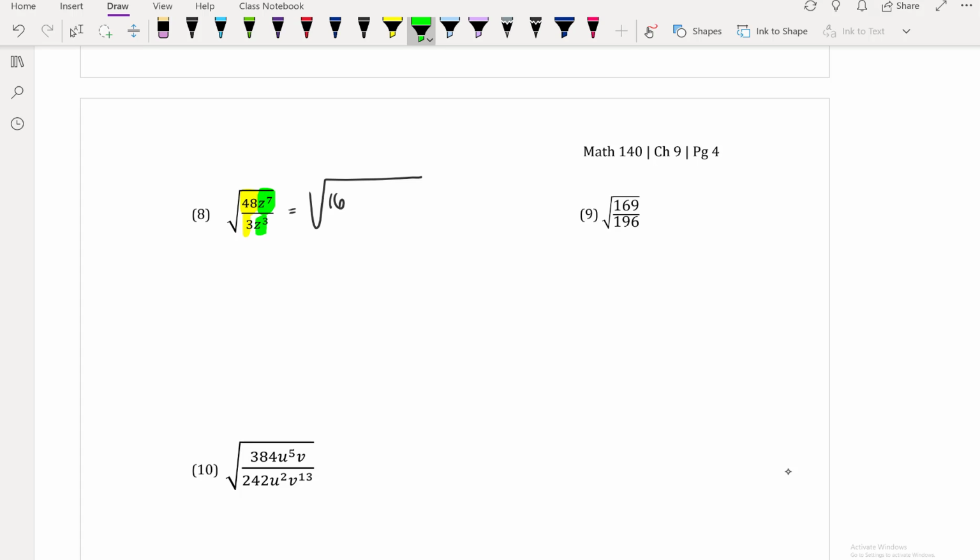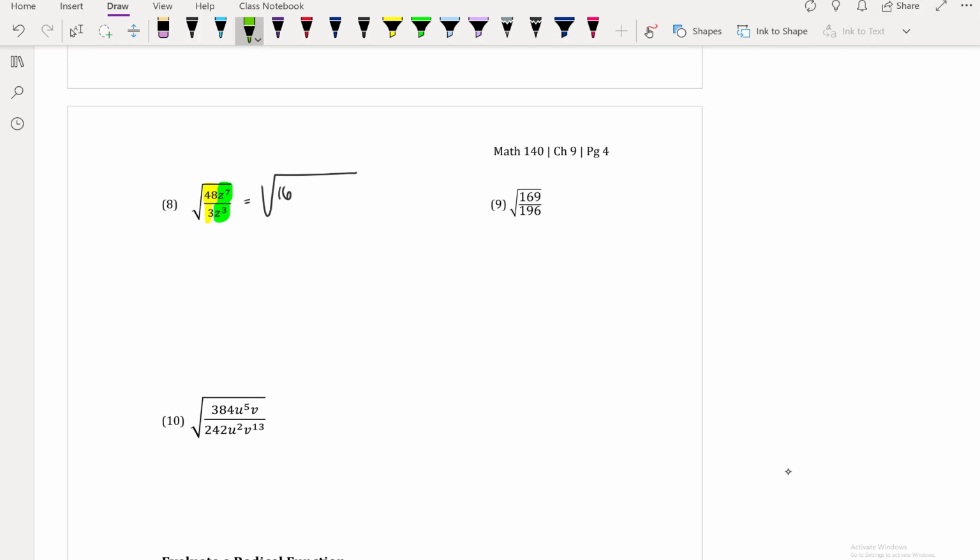Now let's look at our z values. So remember our rules of exponents. You are going to have z's that are going to cancel out. So let's just do it over to the side if you need to. So if I have z to the 7 and z to the 3. Well, that looks like 1, 2, 3, 4, 5, 6, 7 z's on top and 1, 2, 3 z's on the bottom.